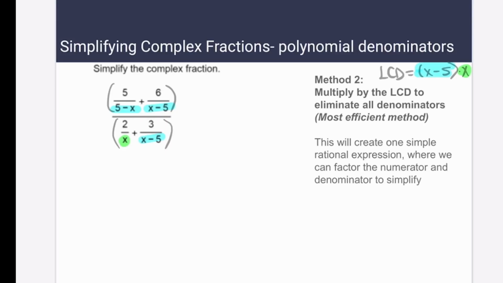So we're multiplying that on top and bottom. So we're going to do x times x minus 5 on top, x times x minus 5 on the bottom. So I'm going to put this over 1 so that you see it.